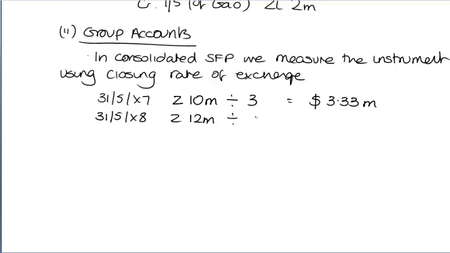At the 31st of May X8, the value is 12 million zlotys, but the exchange rate is now 2 zlotys to the dollar. So its value has increased to 6 million.